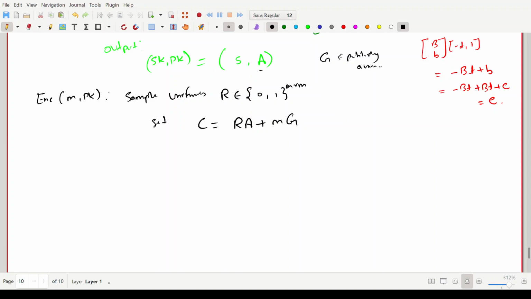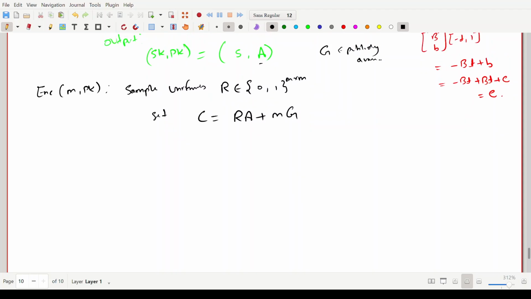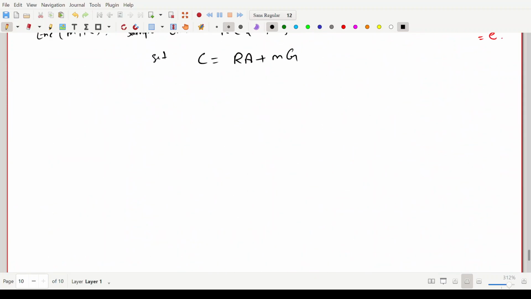If you observe this G, it was not square, that is, the number of rows and columns were not the same, correct? Yeah, the inverse is actually just the bit decomposition of that, so that is not a problem here.